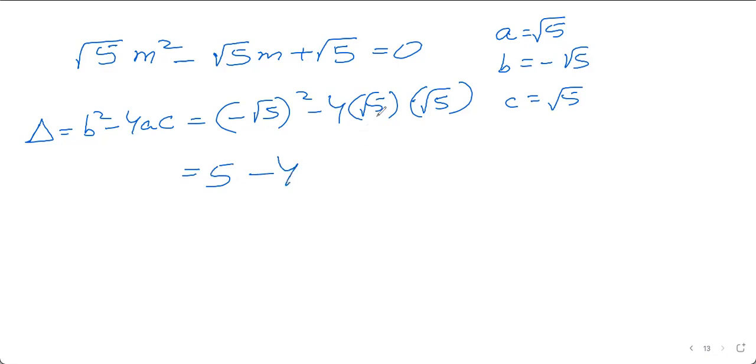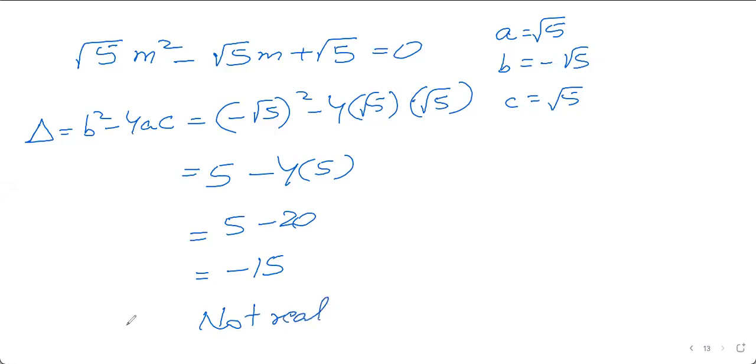Minus 4 into square root of 5 multiplied by square root of 5 is 5. 5 minus 20 is minus 15. Alfia, very good. Correct answer. So here we are getting discriminant which is less than 0. It is negative. That means our roots will be not real. Imaginary roots we will get, imaginary numbers.